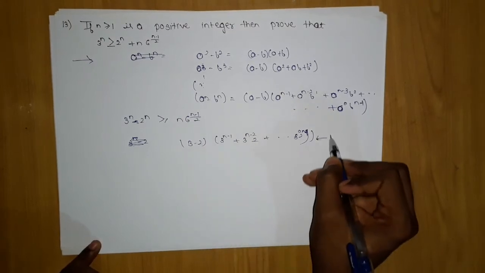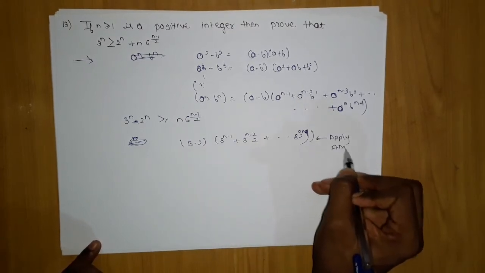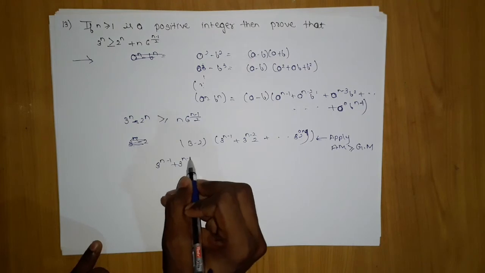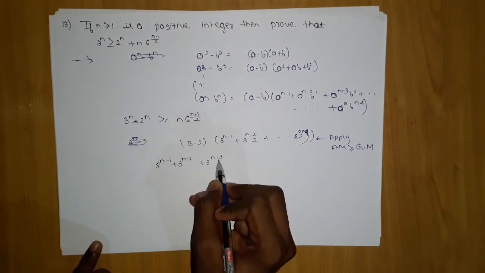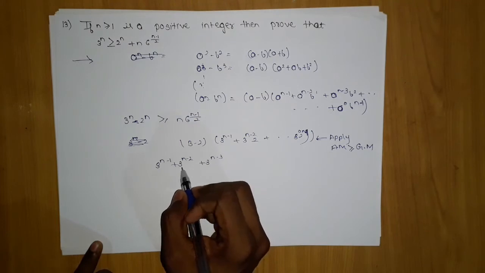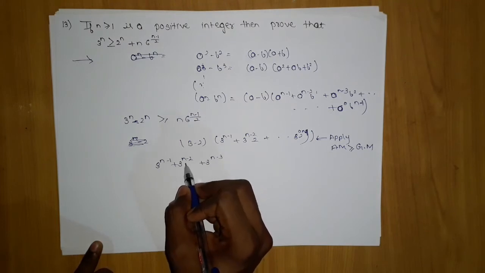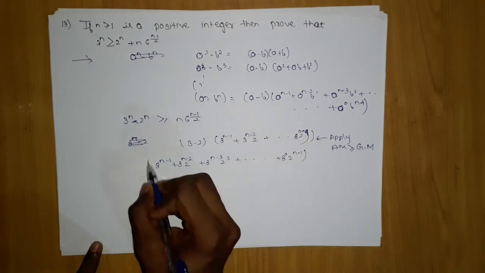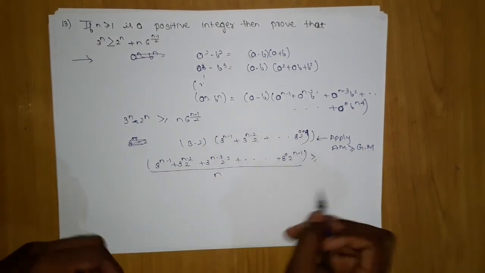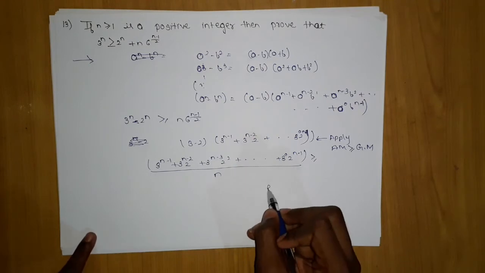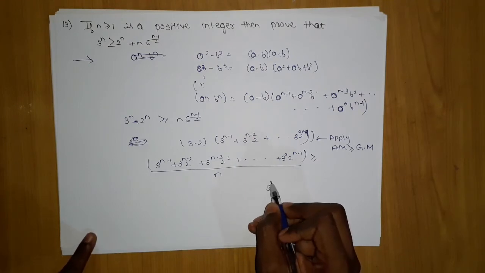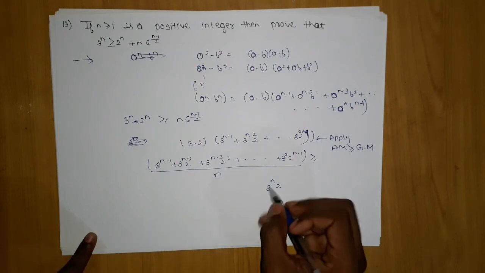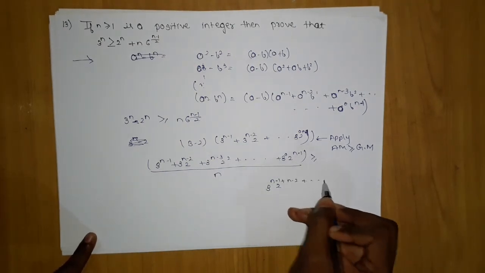So if I apply AM greater than or equal to GM on these terms, what am I left with? 3 power n minus 1, 3 power n minus 2, 3 power n minus 3, here it will be 2, here 2 square, and so on till 3 power 0 and 2 power n minus 1, upon how many terms? n terms. The exponents of 3 are n minus 1 plus n minus 2 and so on till 0.